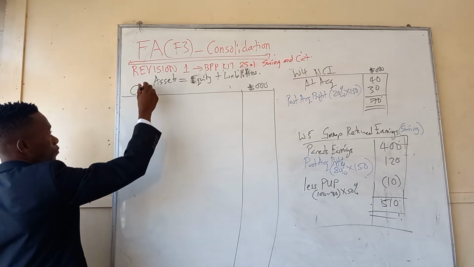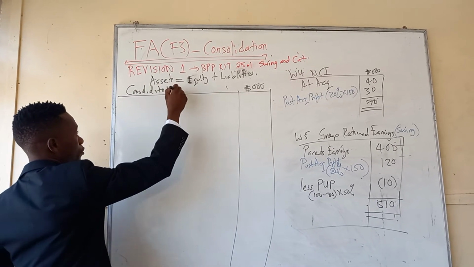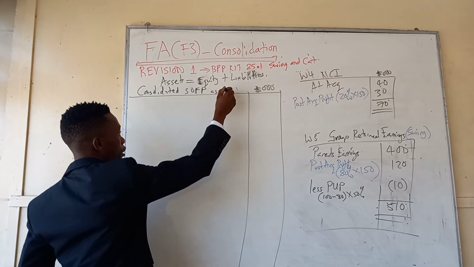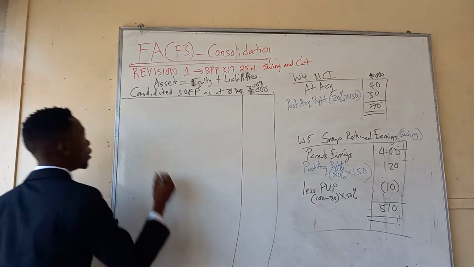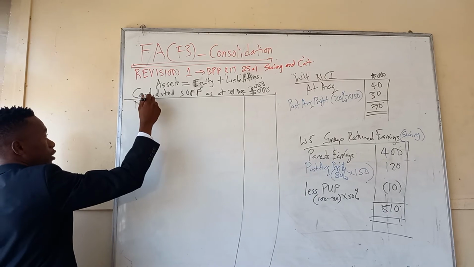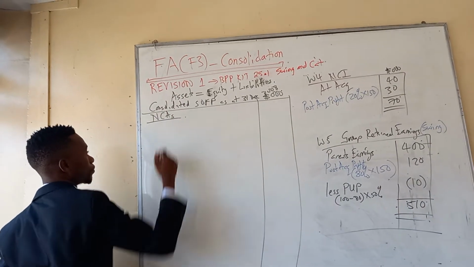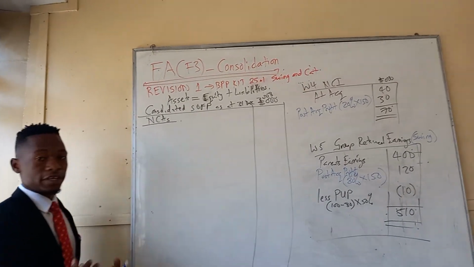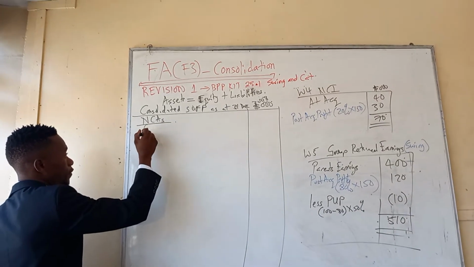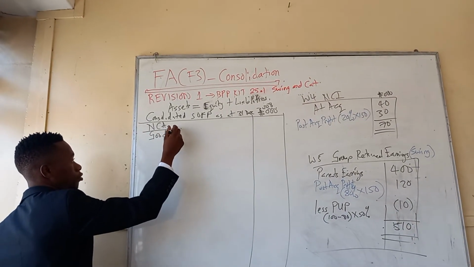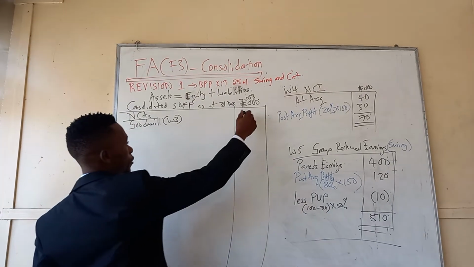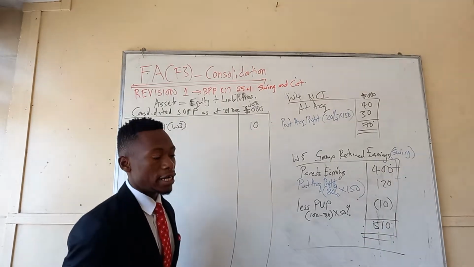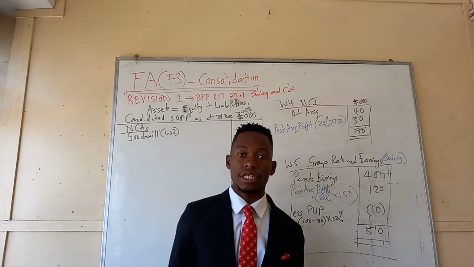Consolidated statement of financial position as at 31st of December 2008. You start with the non-current assets heading. The first thing that I do recommend is start with your goodwill before you forget. Our goodwill was 10. I said that consolidation means adding together.